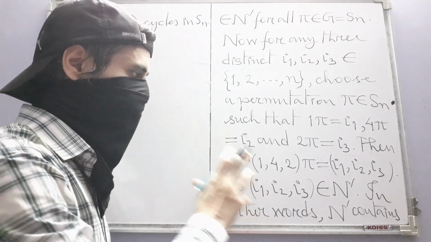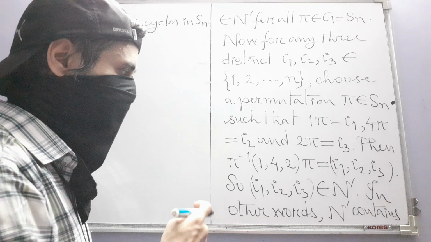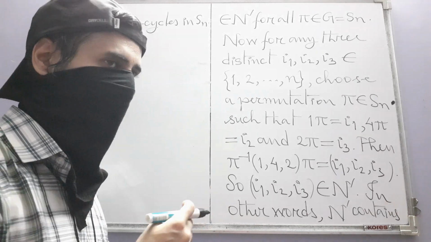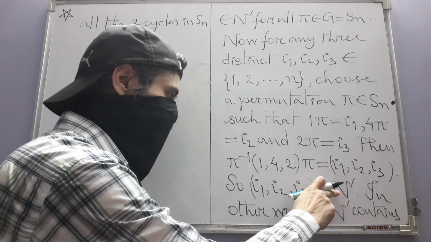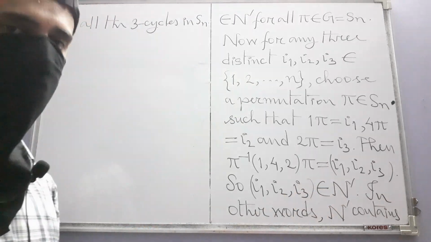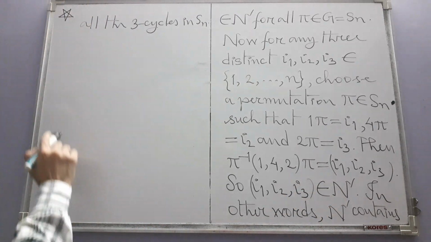So what have we proved actually? We have proved that if a normal subgroup N of Sn contains all the 3 cycles, then its commutator subgroup also contains all the 3 cycles.